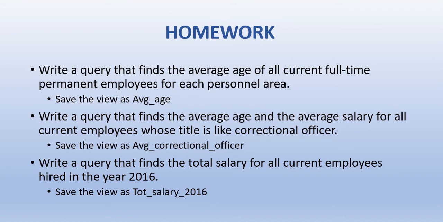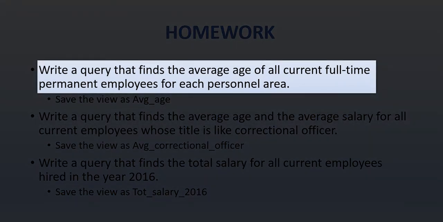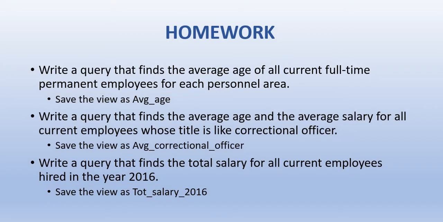Okay, so I want you to do a little practice or a little homework and do these 3 queries. First one, write a query that finds the average age of all current full-time permanent employees for each personnel area. Average age for all current full-time permanent employees for each department.